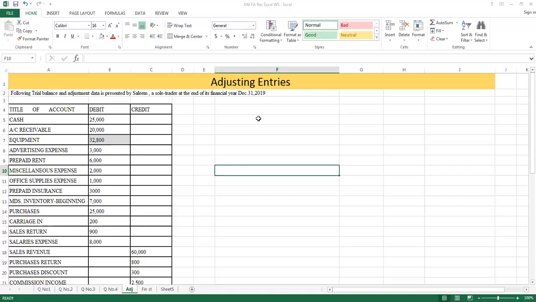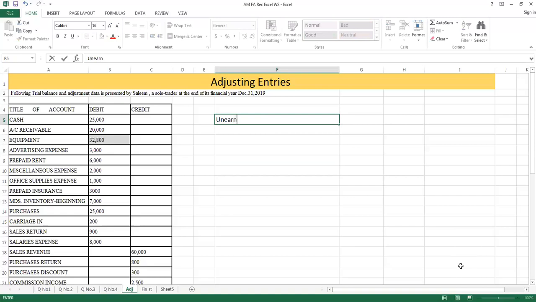So the first concept that I am discussing today is related to unearned, which is also taken as you have received amount in advance and not rendered services.